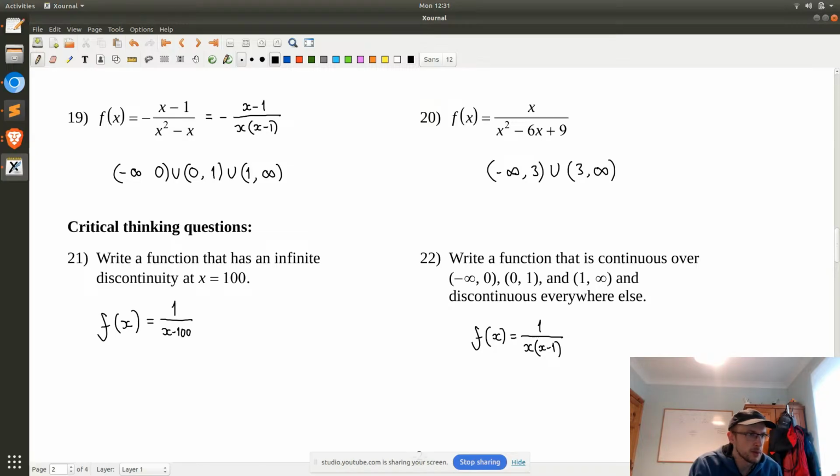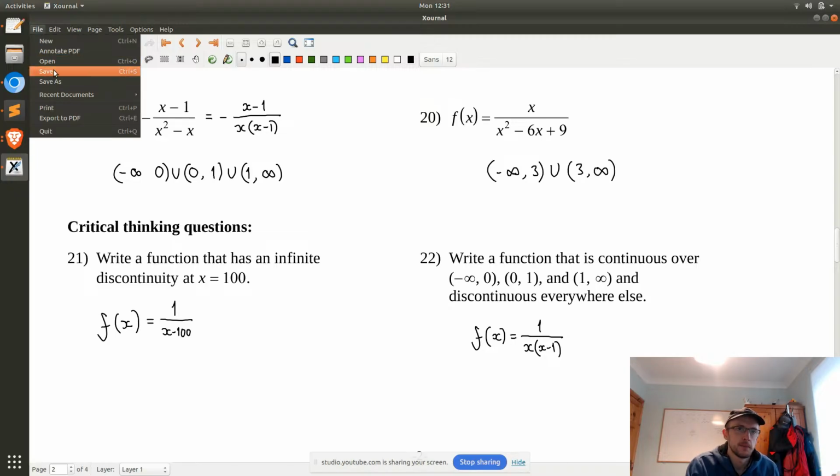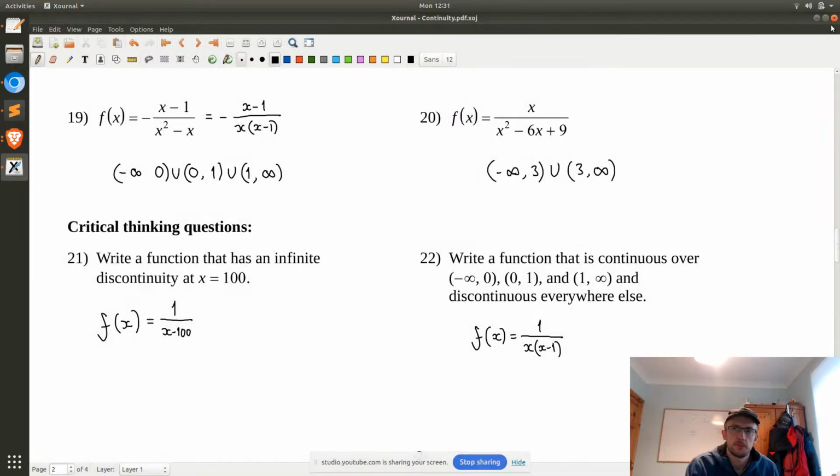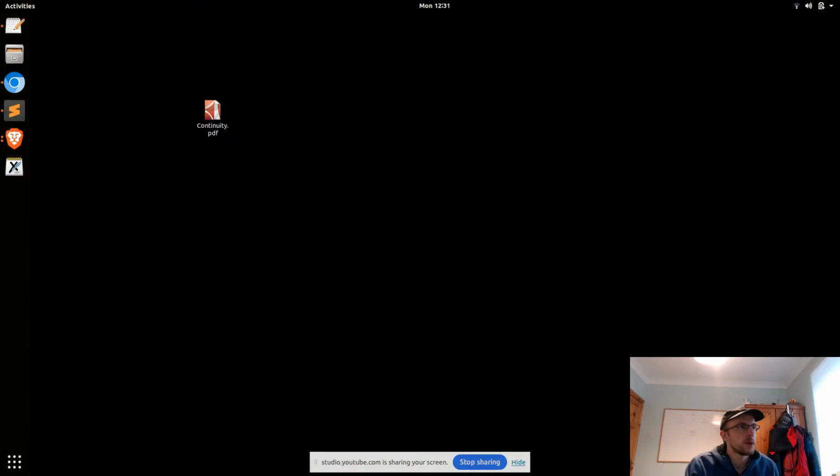Okay, total agreement with question 21. I think my function is valid, but yep, so just sort of analyzing continuity here. Be well.